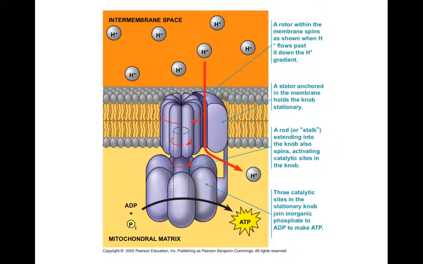It's sort of like water flowing across the top of a water wheel and causing it to spin. As the hydrogen ions move through the ATP synthase, the molecule will rotate, creating mechanical energy that allows a phosphate to be added to ADP, creating ATP.